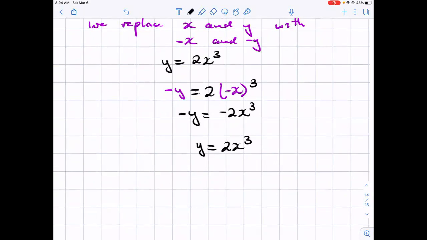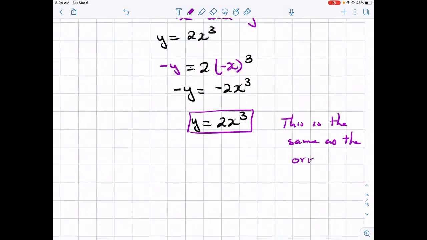And notice that this here is the same as the original equation. So we have origin symmetry.